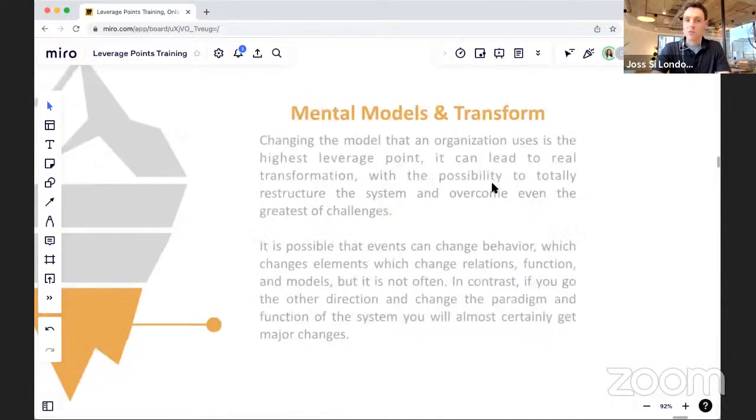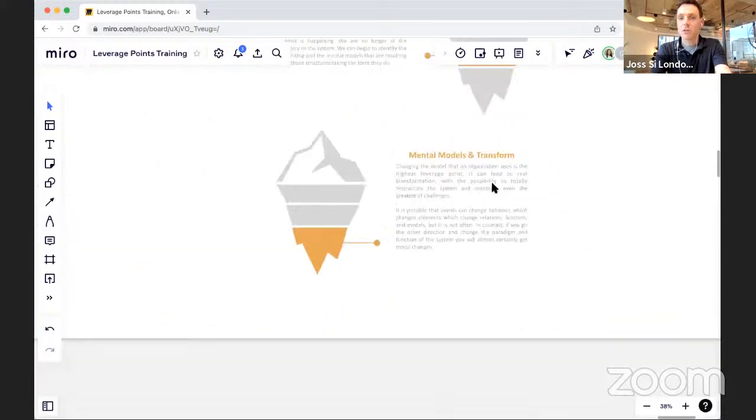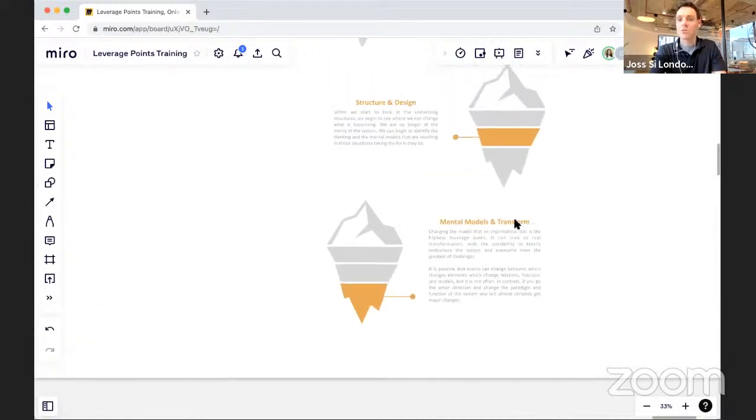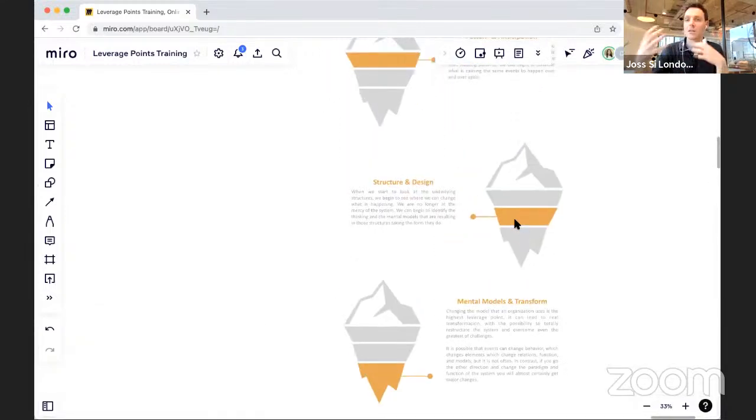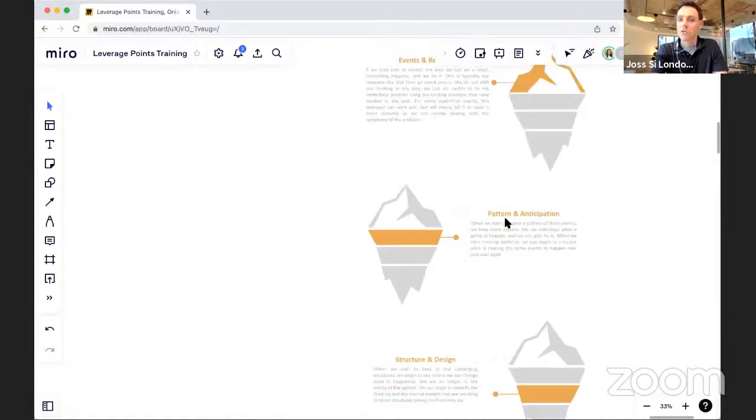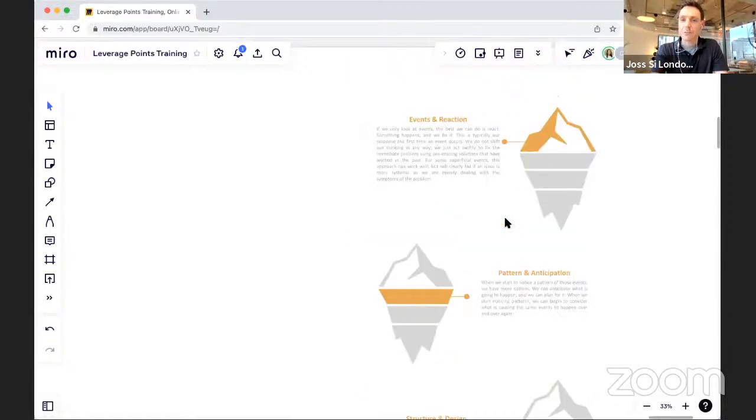It's possible that events can change behavior, which changes elements, relations, functions, and models, but it's often the other way around. To enable real transformation, systems change starts with changes in mental model, leading to changes in structures, and ultimately changes in patterns and outcomes in the system that we see.